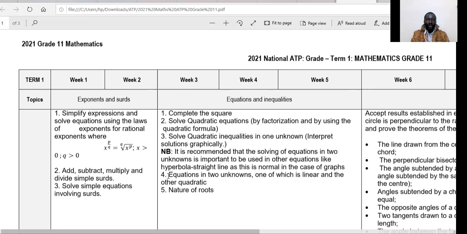The other thing is equations in 2 unknowns, one of which is linear and the other being quadratic. Then also determining the nature of roots. These are the things to be covered over a period of 3 weeks, starting with week 3 to week 4 to week 5.